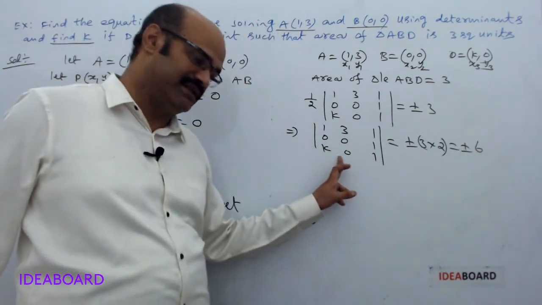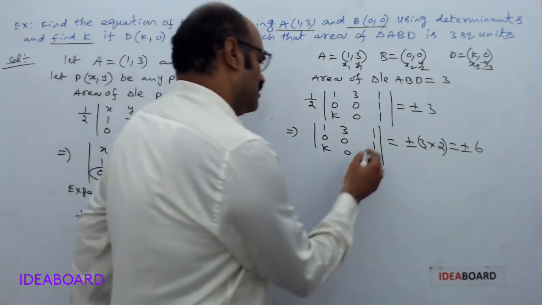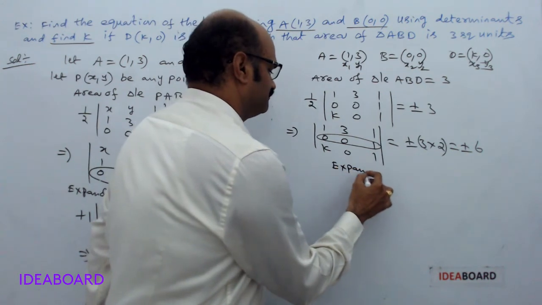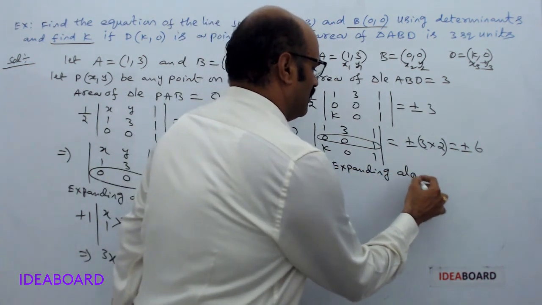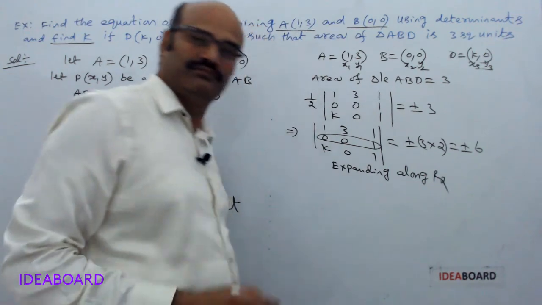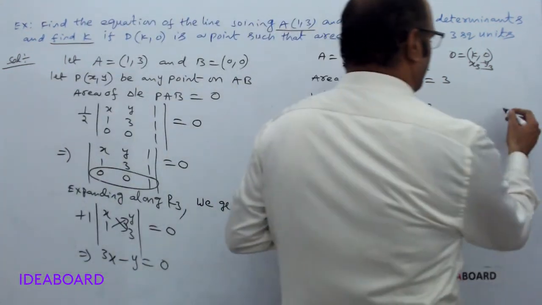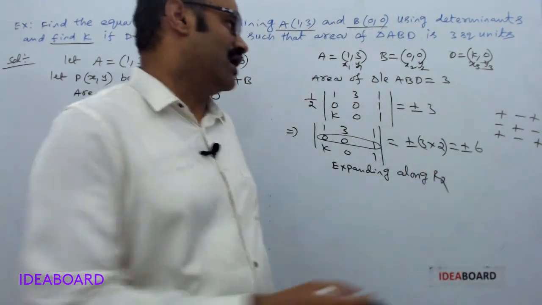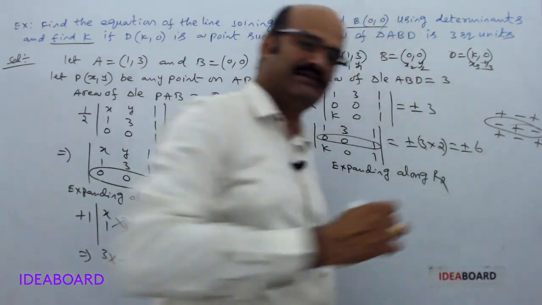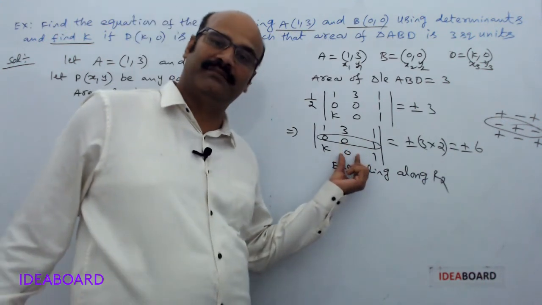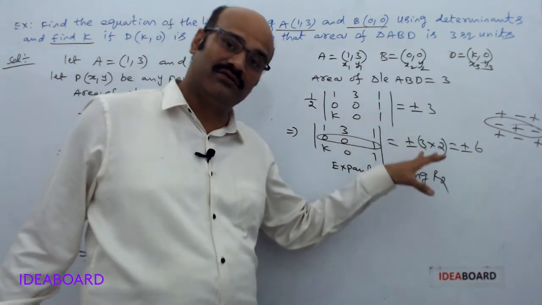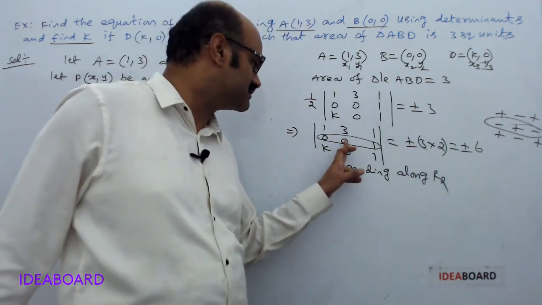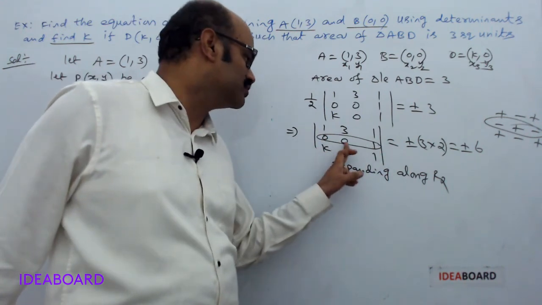Now we have to simplify this. Expanding along R2 since we are having two zeros. The signs are plus minus plus, minus plus minus, plus minus plus. So R2 means we are having minus plus minus. We can expand any determinant along any of the 3 rows or any of the 3 columns. So I would like to expand along the second row since we are having two zeros.